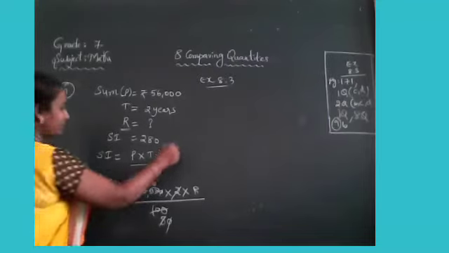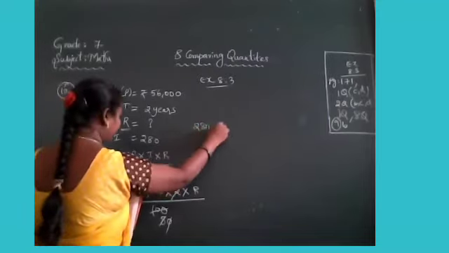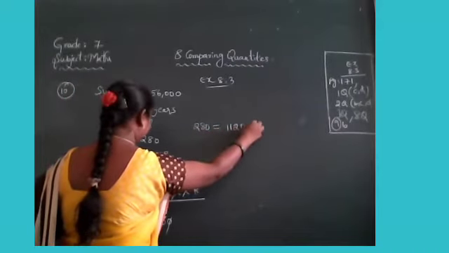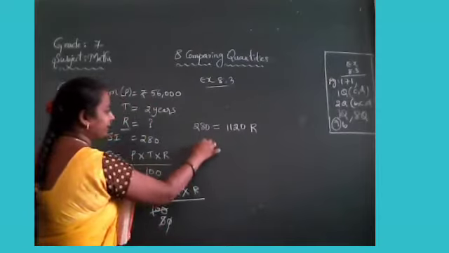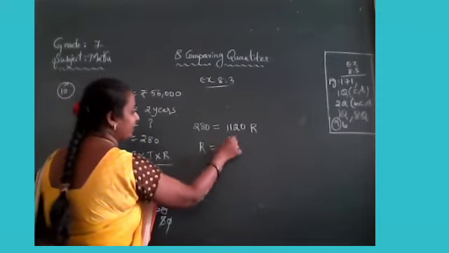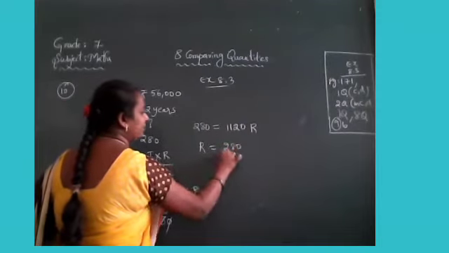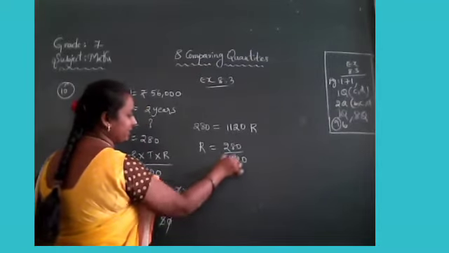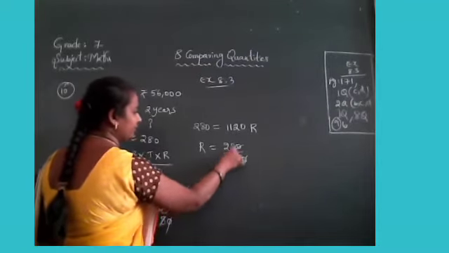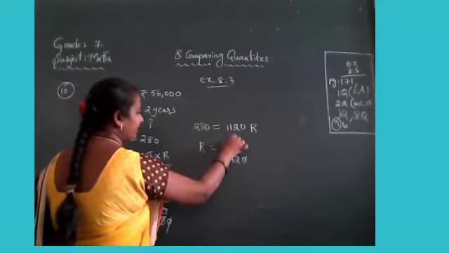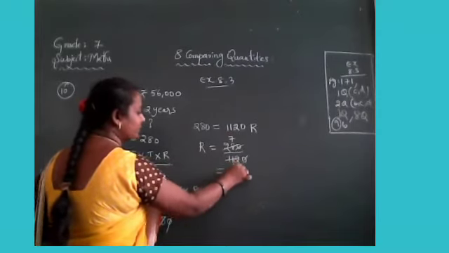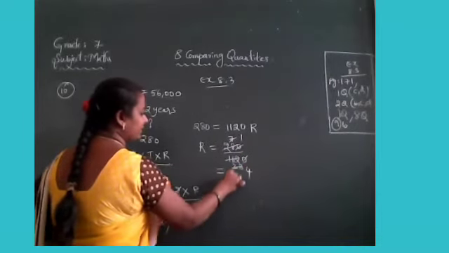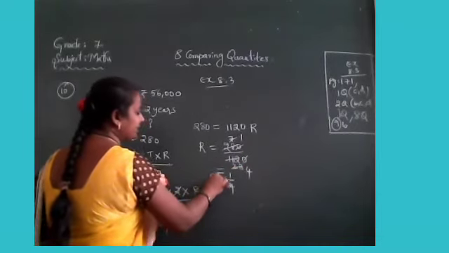Now 280 rupees is the interest and 1120 is multiplied by R. We need the rate, so you transpose: 1120 becomes division. Now cancel the zeros. That is 4 sevens and 4 twos 8, 7 ones, 7 fours. So 1 by 4 is the rate.